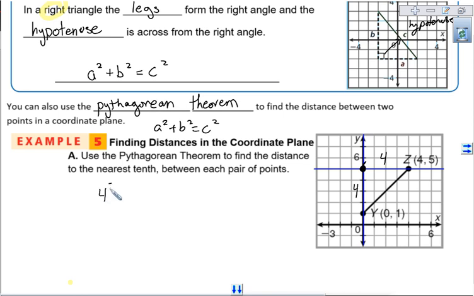So 4 squared plus 4 squared equals c squared, our length, or our distance. 4 squared is 16, plus 16 equals c squared. Then we're going to add those two together.